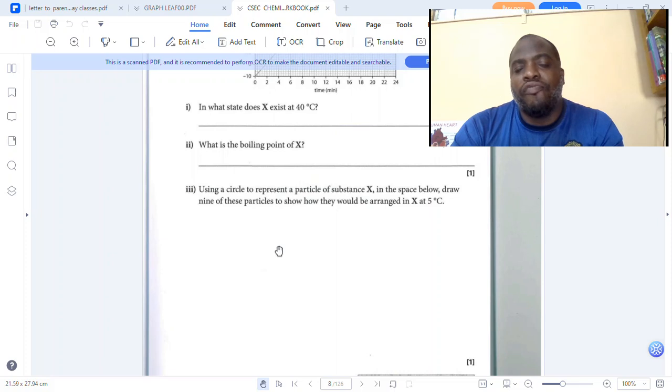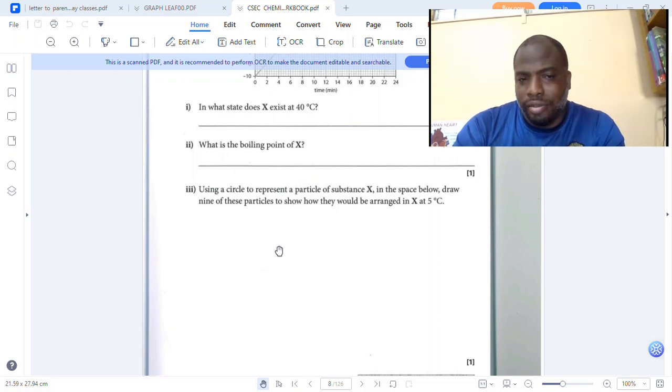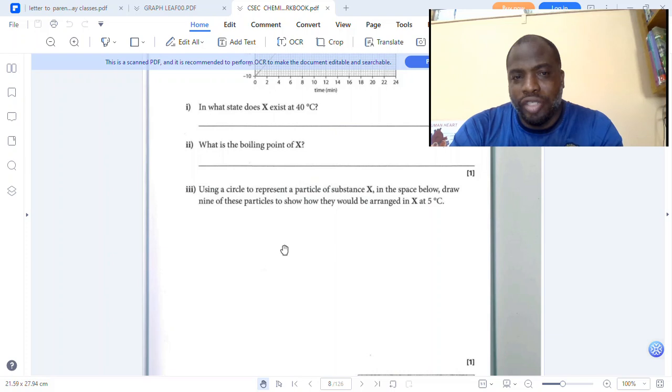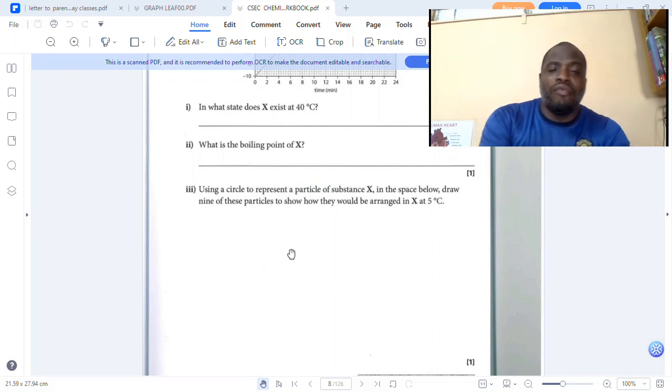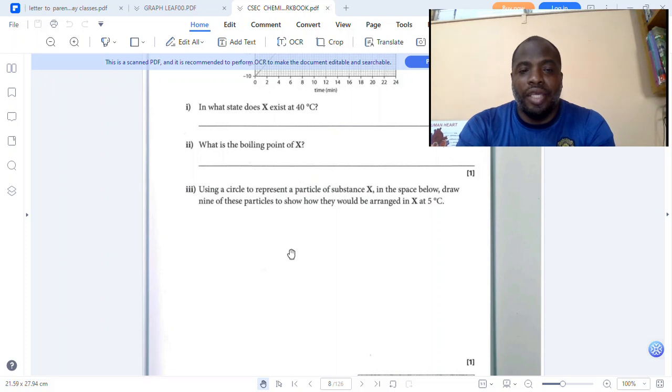So sometimes we need to follow the instructions of the questions because that's what you're asked to do. So you draw 9 circles, and the key is to remember how the particles are arranged in a solid. If you just mention that they are tightly packed, then you're correct. So you draw them closely packed, and that would have been your answer for that part of the question.